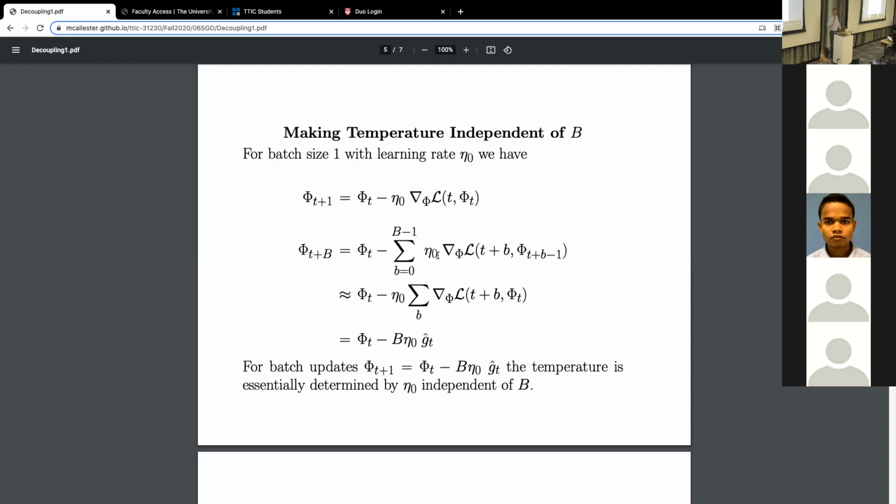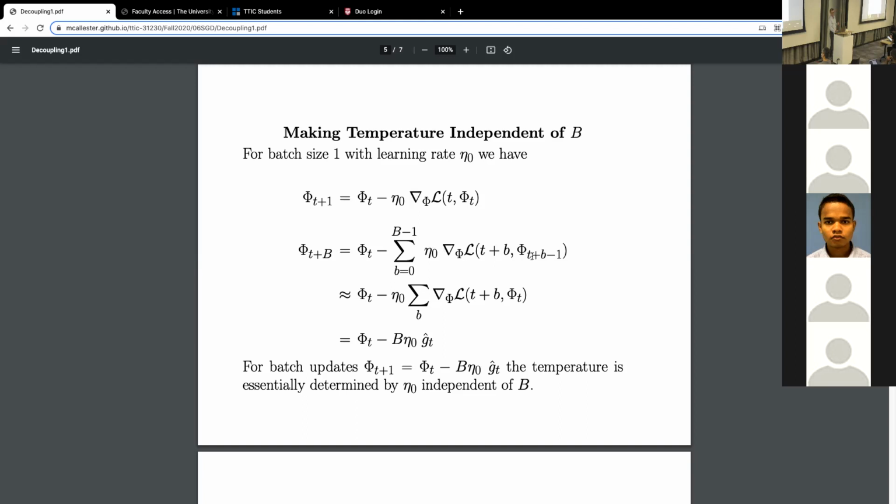So we can make the temperature independent of batch size simply by, when I first taught this course, I said, no, you shouldn't take the average, you should just sum. And the intuition is that if we're running at a modest learning rate, the parameters aren't really moving. Consider running at batch size 1, where we're only taking one example. What these equations are supposed to show is that I do capital B steps at batch size 1.